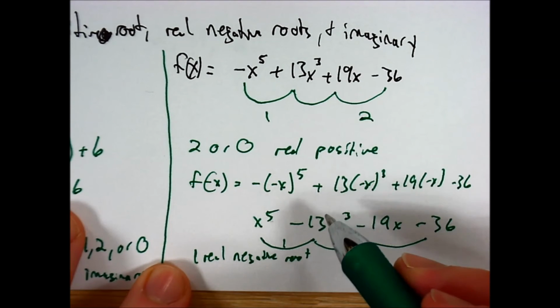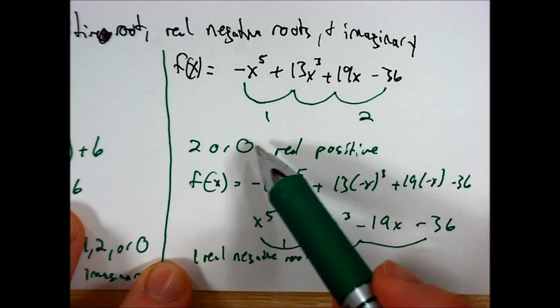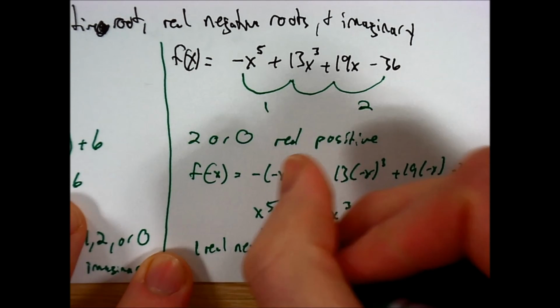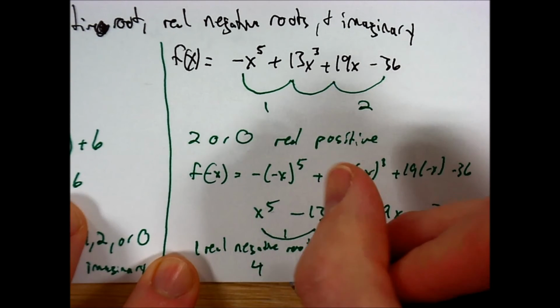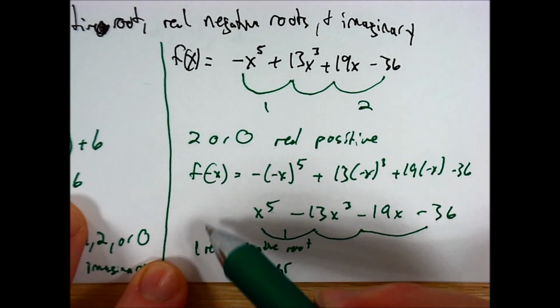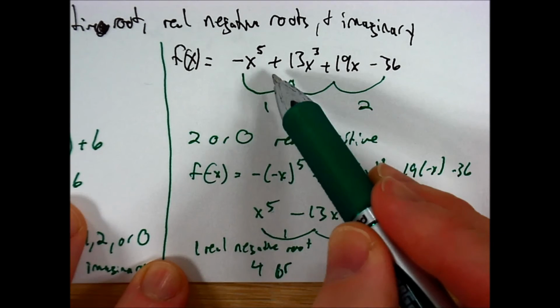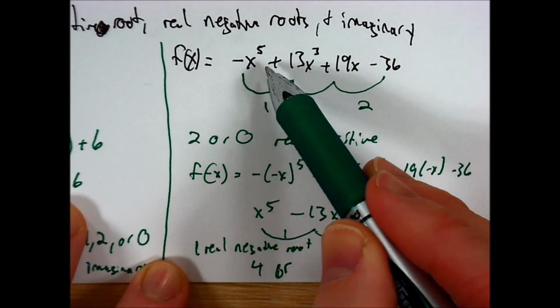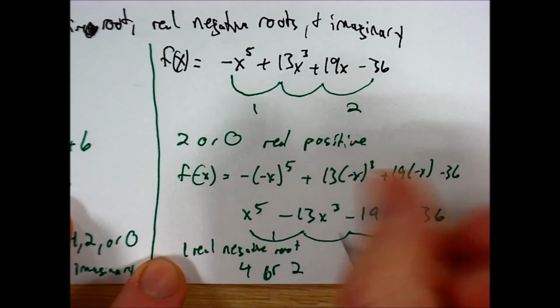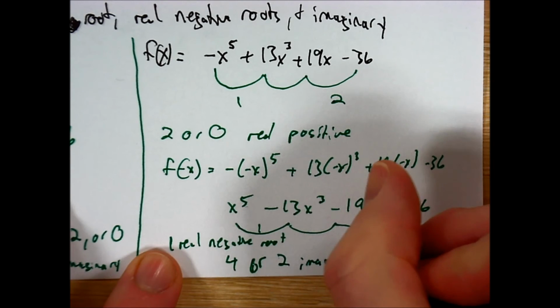So what if it was 0 and 1? Well, it's x to the 5th, so that would leave me with 4 imaginaries. Or what if it was 2 and 1? Then I would have 3, and I would still need 2 more. So 4 or 2 imaginary roots.